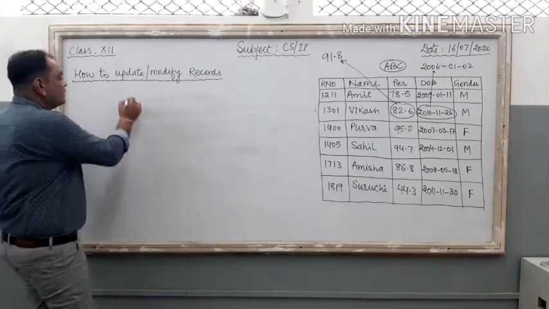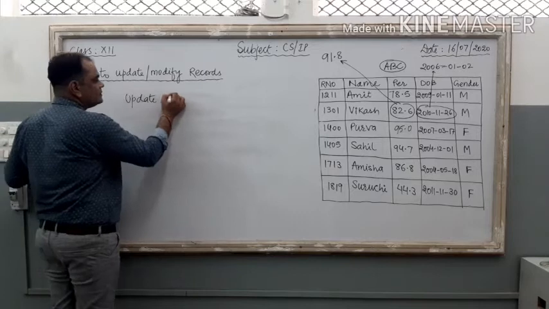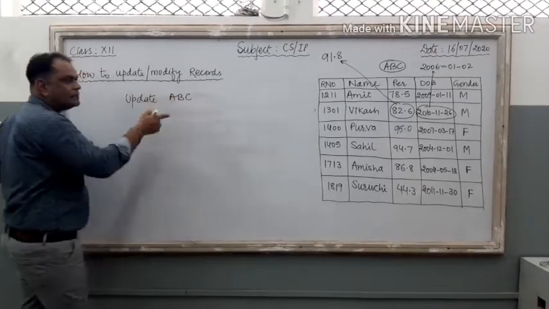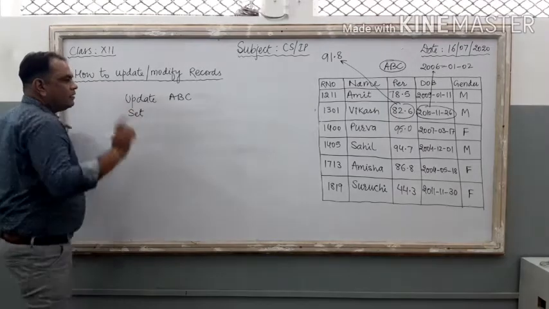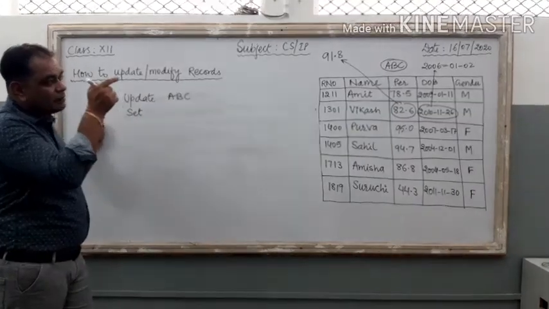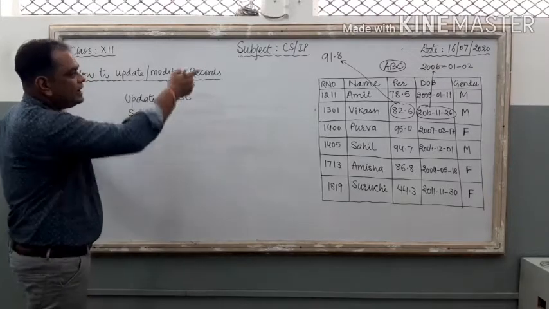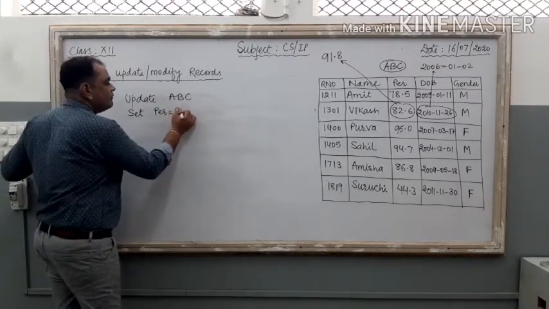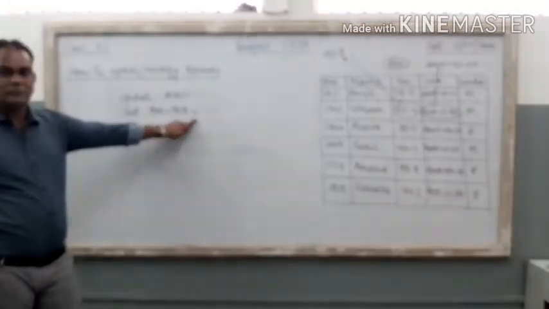For that the command is this one: update, space, name of the table, it is ABC. ABC is the name of the table. Now set, first modification, it is in the percentage column. So set PER equal to the rectified percentage, 91.8. Then you just use a comma, right?